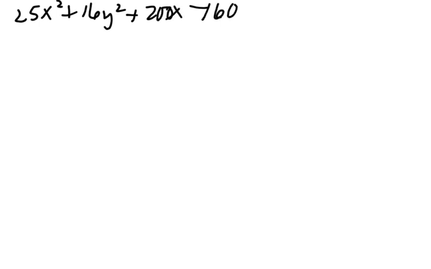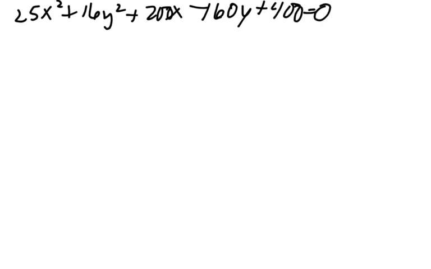So, the original equation was 25x squared plus 16y squared plus 200x minus 160y plus 400 equals 0.